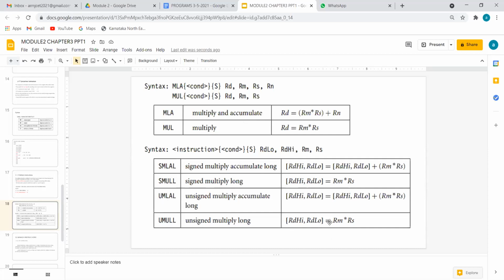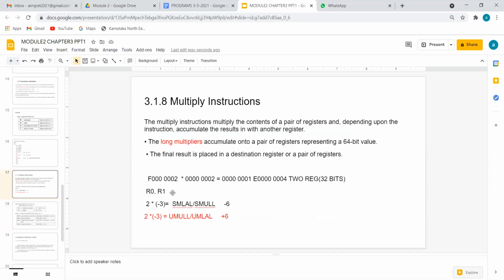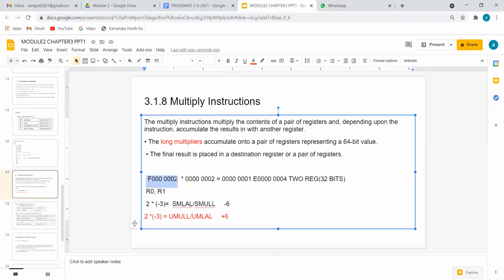for unsigned multiply, take big numbers. The condition to make these execute is to take big numbers like this here, F602 into these many, then 2. Don't take a small operation like 2 star 5, where the answer will be small. So I will replace this with F and 002.